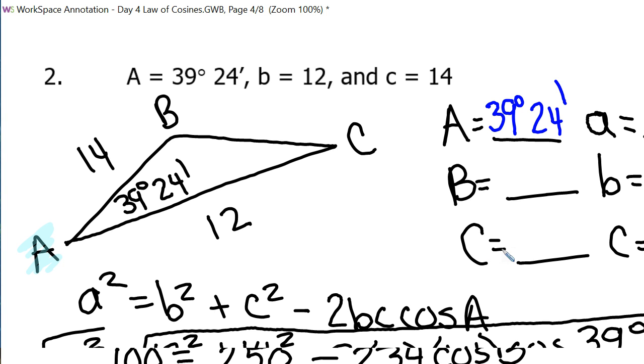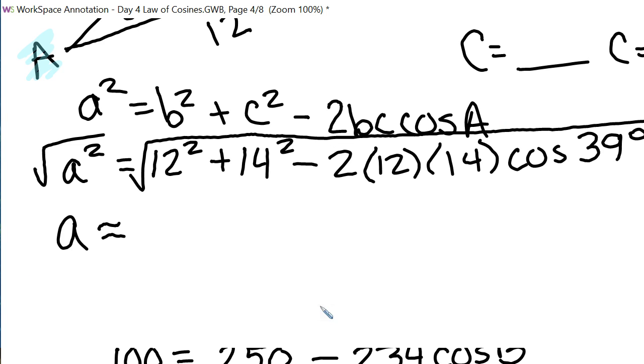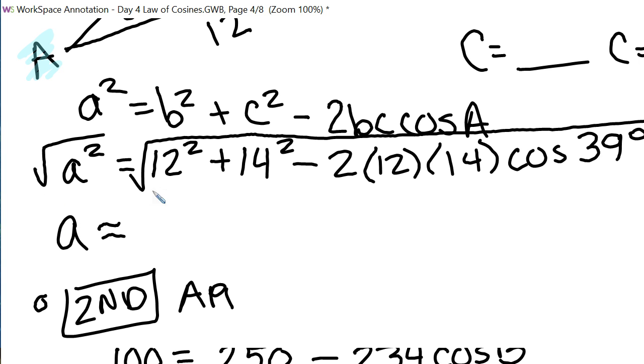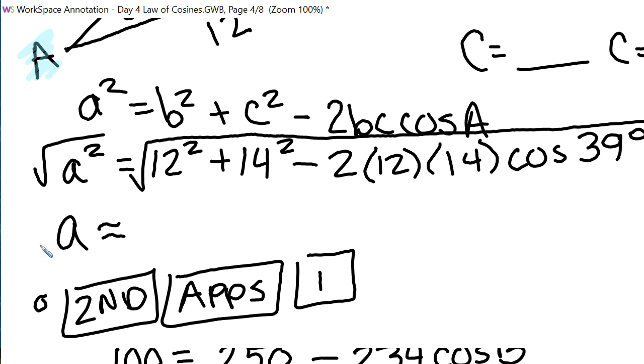Do you remember how to do that in the calculator? If you have a degree, you need to do second angle, number 1. And for the minute, you need to do second angle, number 2.